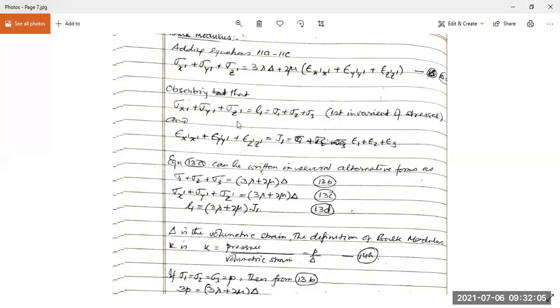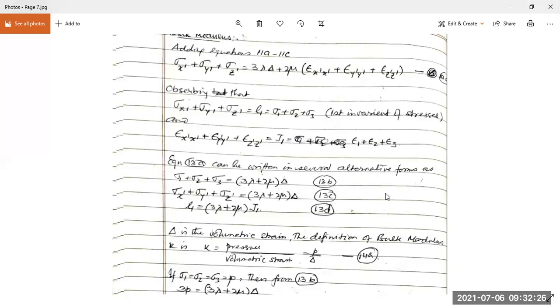Or the same thing we can write like this: this one is equal to 3 lambda plus 2 mu into delta, as well as I1. We can put I1 here as 2 into lambda plus 3 into mu into J1 itself. So three-way in equation 13 can be written here. That is 13b and 13c equations we have formed.